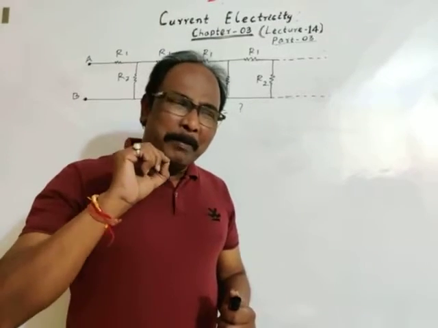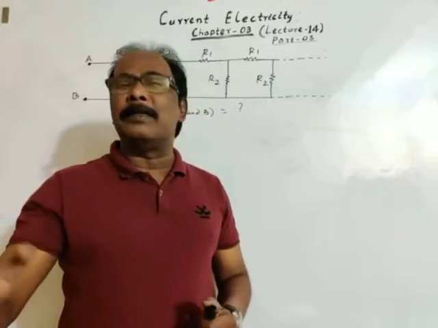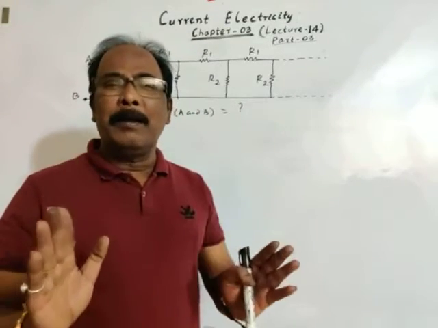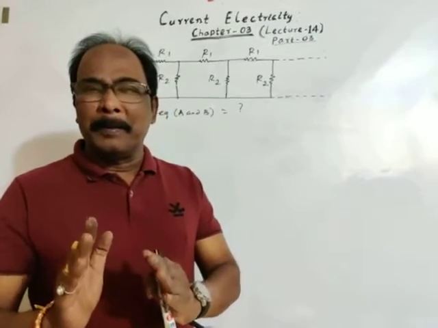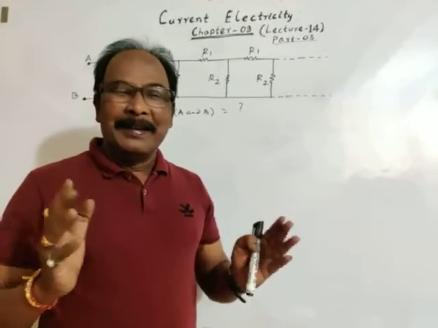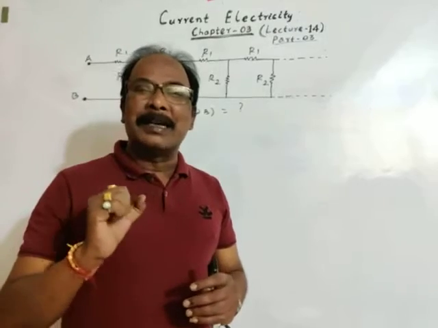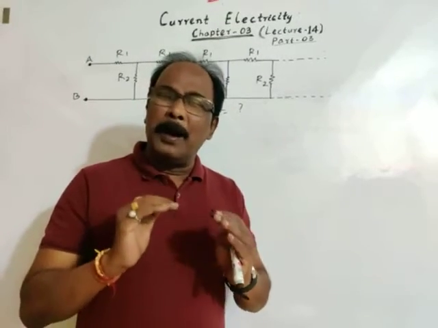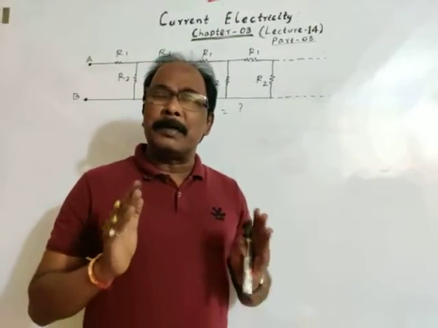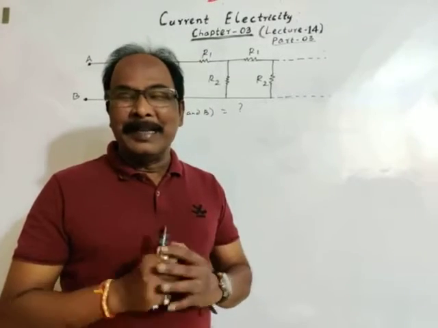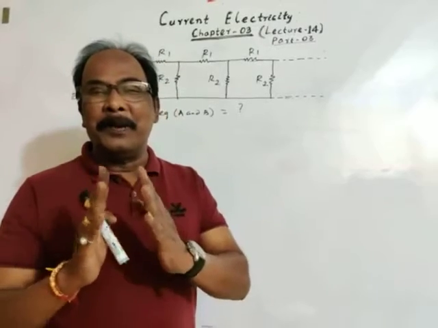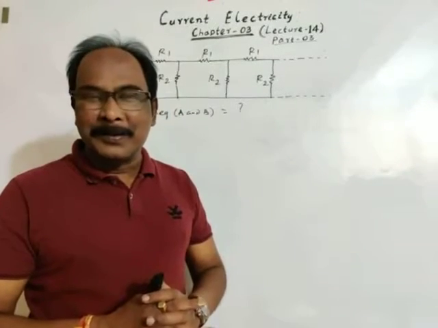On the basis of combination of resistors, we have completed 2 lectures, part 1 and part 2, to solve the numericals on combination of resistors. In part 1, we discussed fundamental numericals to find equivalent resistance.